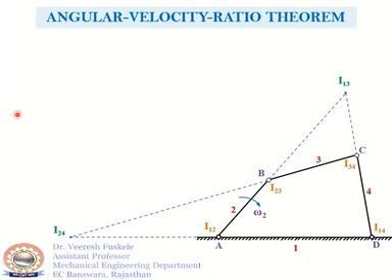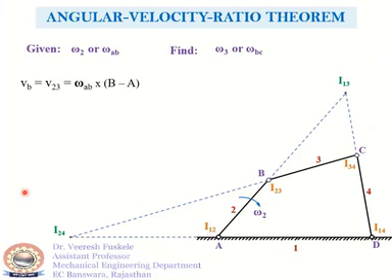We are given omega 2 and we need to find, suppose, first omega 3. So if omega 2 is given, then we can find the velocity of point B or I23. That is VB, which is equal to V23, will be equal to omega 2 or omega AB into B minus A. That means this distance.